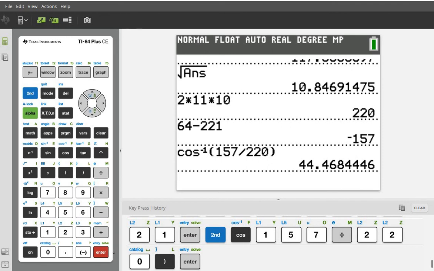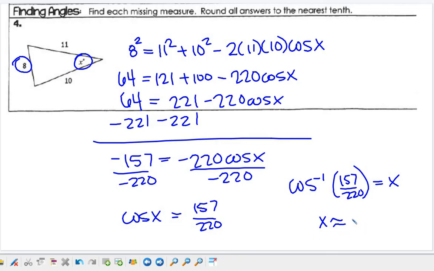That gives me approximately 44.5 degrees.